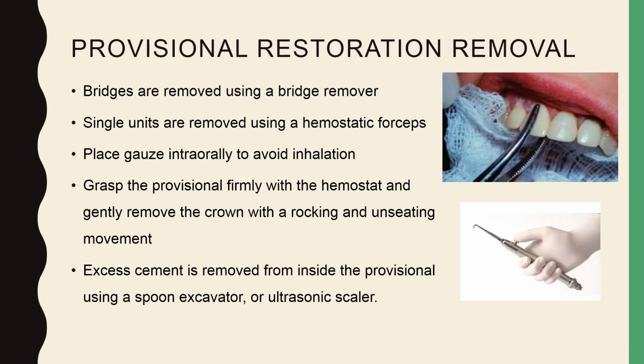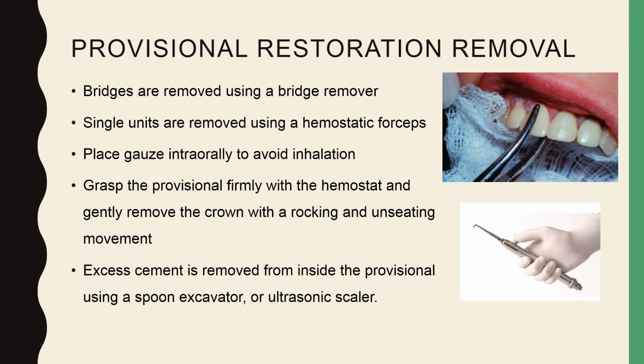As we said earlier, one of the requirements for a good provisional restoration is ease of removal, since it needs to be removed at the beginning of each visit, for example for taking an impression or for metal try-in, and put back at the end. For that, bridges are removed using an instrument called a bridge remover, and single units are removed using hemostatic forceps.